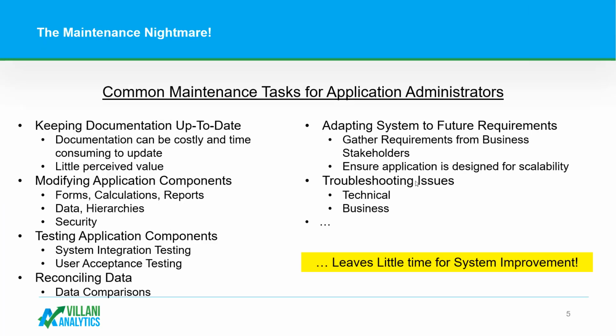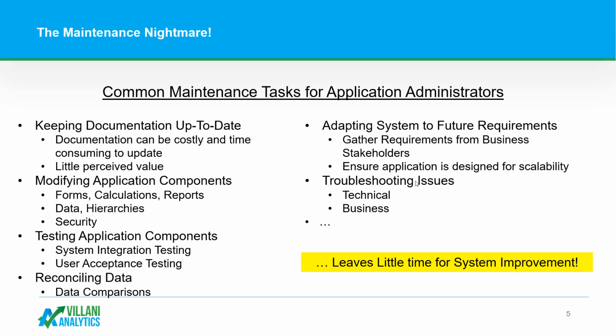So jumping right into our presentation here, in terms of maintenance, there are a lot of tasks that application administrators have to do, whether keeping documentation up to date, modifying components, testing components, reconciling data, adapting to future requirements, troubleshooting issues, and the list goes on and on. I'm sure there's probably 2 or 3 times what we've listed here, and it leaves little time for system improvement.